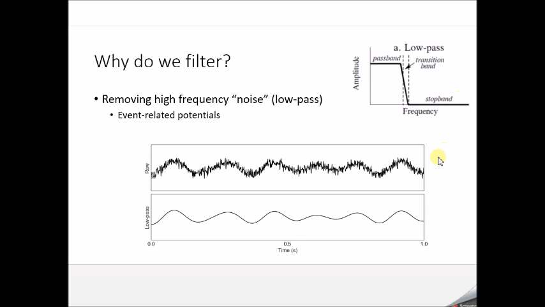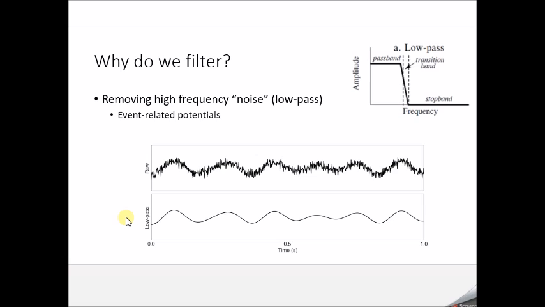An example of this is a raw signal up top here, which is maybe a 5 or 6 Hz sinusoid with some noise on top. If we do a low-pass filter around 10 Hz, then we would get the signal plotted at the bottom here. And this could be useful for analyzing event-related potentials, for example.